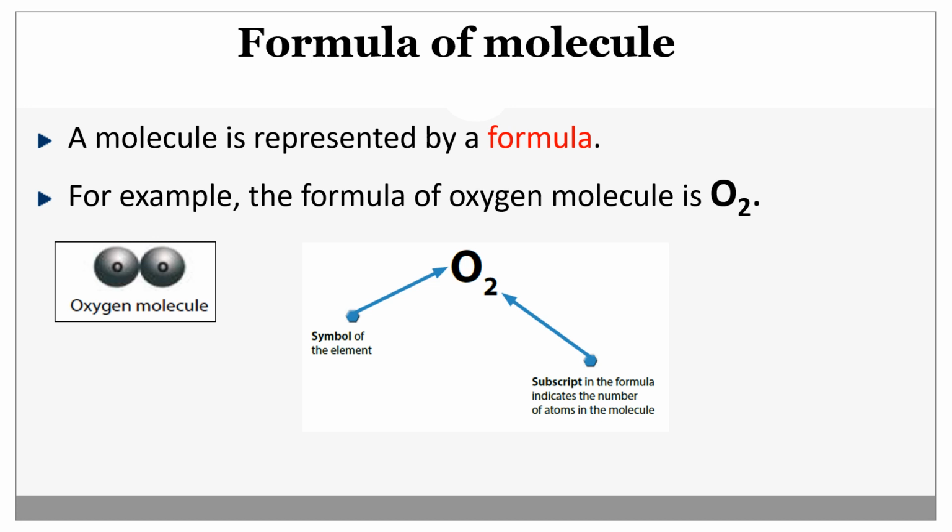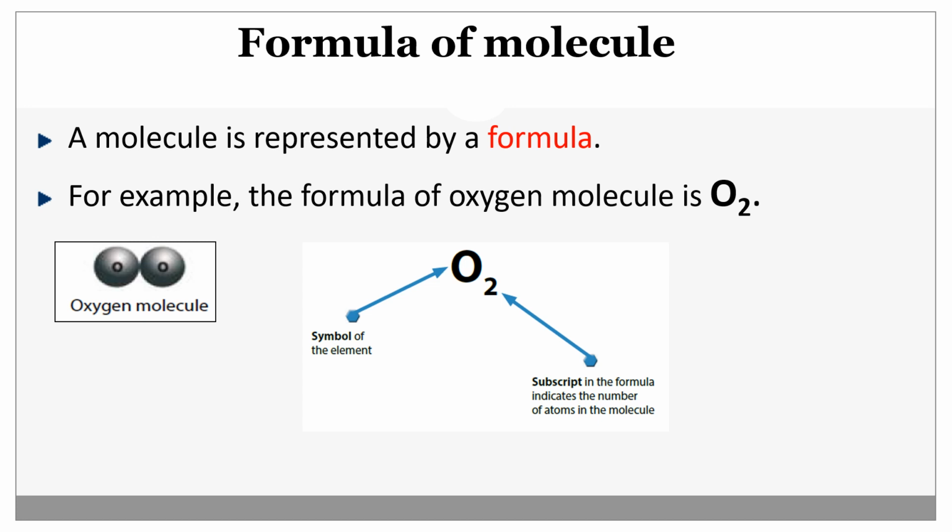Let us now learn about the formula of a molecule. A molecule is represented by a formula. For example, the formula of the oxygen molecule is capital O with a subscript 2.